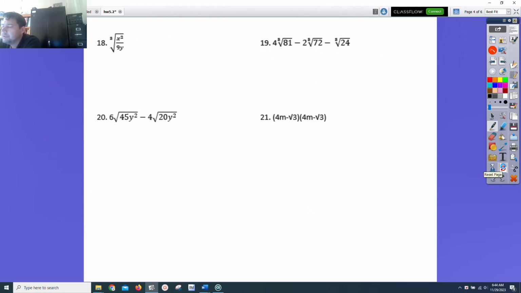All right, so move on to 21 here. 21 is simply the distributive property. 4m times 4m is going to be 16m squared. 4m times a negative root 3 is negative 4 root 3m. Kind of funny looking. Negative root 3 times 4m is also negative 4 root 3m.